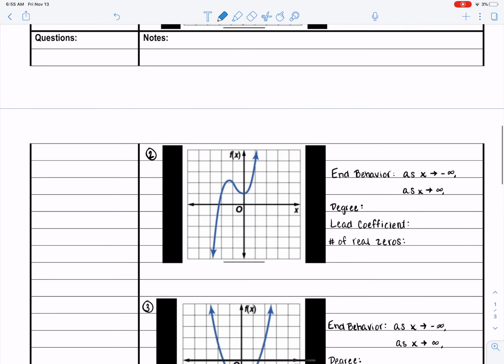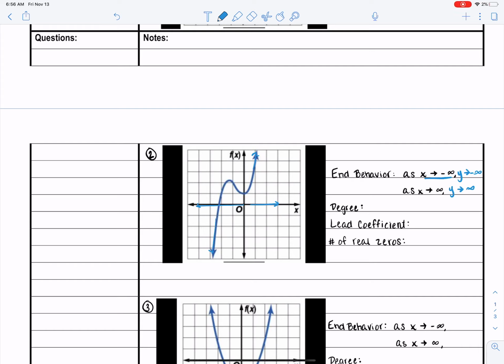All right, number 2. The end behavior as we go to the left. So as x approaches negative infinity, as it goes to the left, your graph is going down. So the y's approach negative infinity. As x approaches positive infinity, as we go to the right, my graph is going up. So y approaches positive infinity.